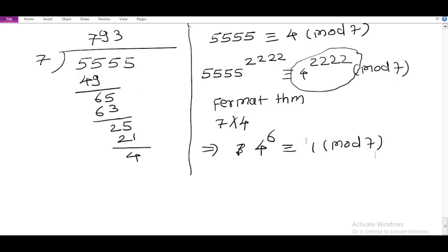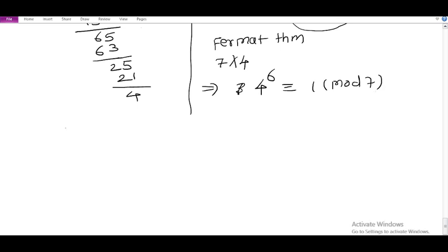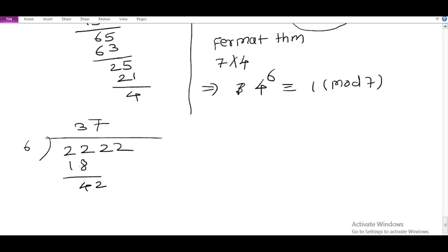Now again if you divide 2222 by 6, first it is equal to 3, then next 42, then remaining 2, next 0, and remaining is 2.